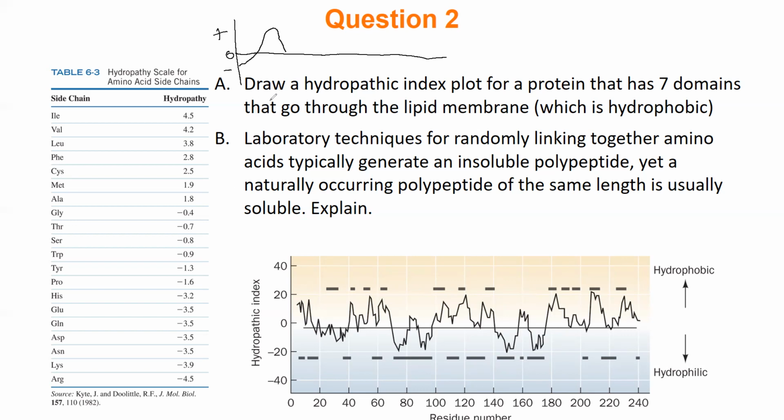So usually proteins that go through the lipid membrane look like this. So here's my lipid membrane. Here's my protein. 1 domain, 2 domain, 3 domain, 4 domain, 5 domain, 6 domain, 7 domain. And these are lipids.